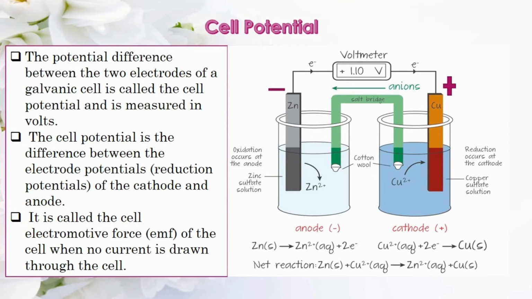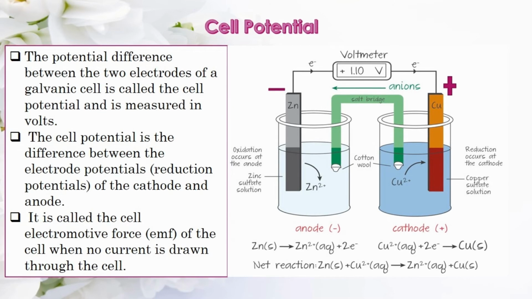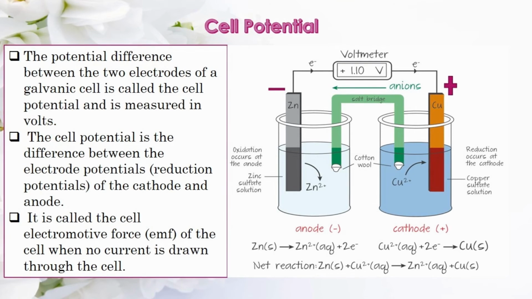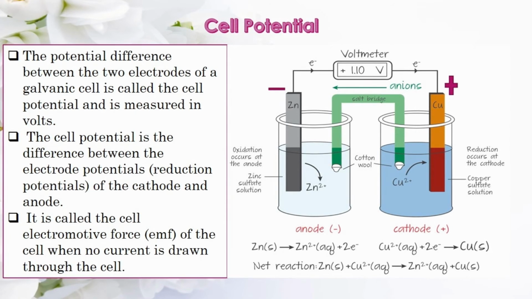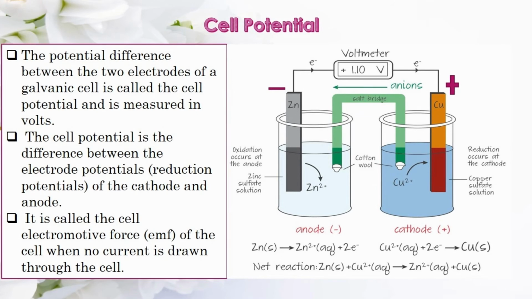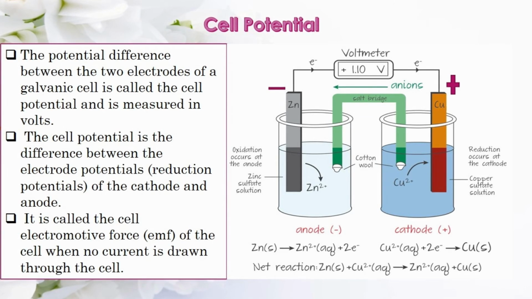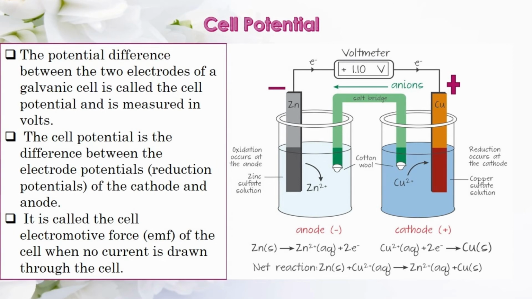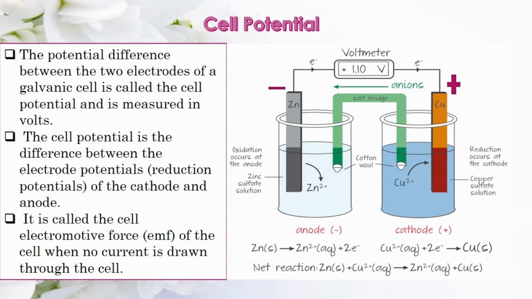If you consider the Daniell cell, the zinc rod is dipped in zinc sulfate solution and the copper rod is dipped in copper sulfate solution. The zinc rod will undergo oxidation to produce Zn2+ ions and 2 electrons. Those 2 electrons will be deposited on the zinc electrode.